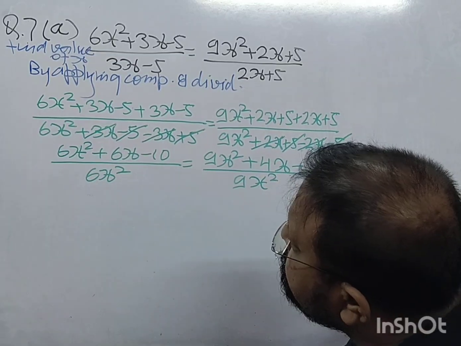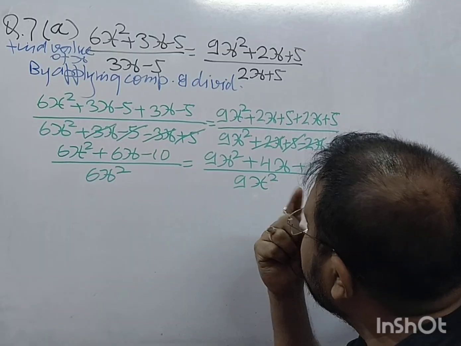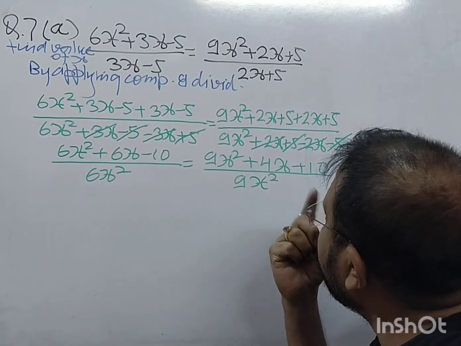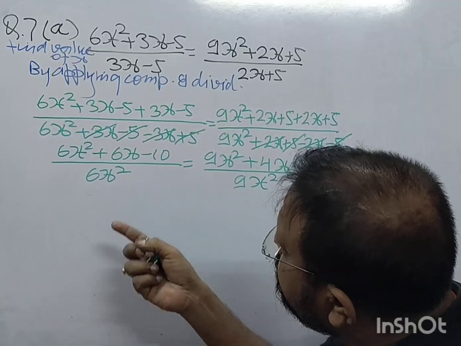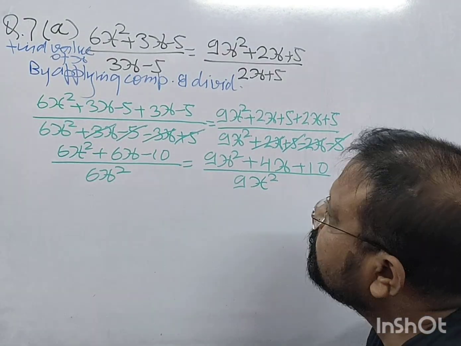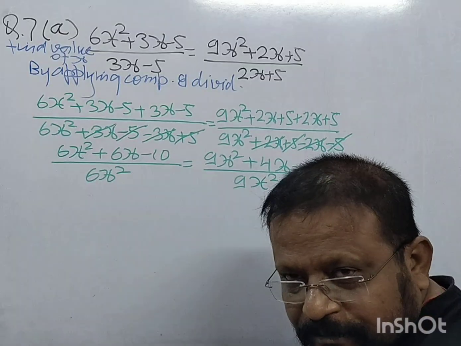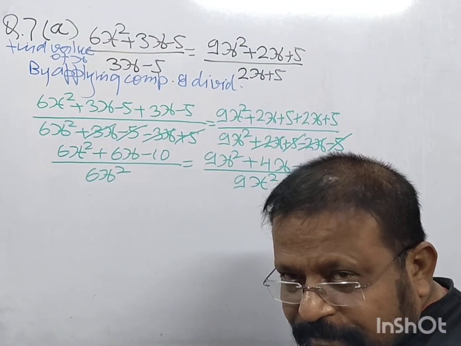This becomes 12x² + 6x − 10, this is 18x² + 4x + 10, and this is 6x − 10, and this is 4x + 10. Right?